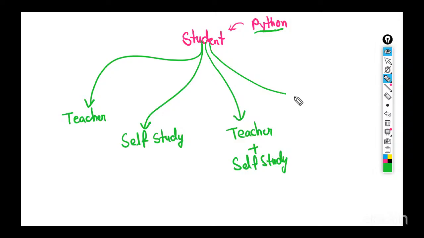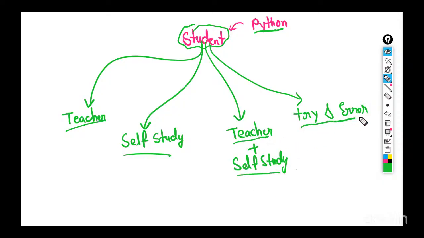Another way is trial and error; hit an error, try again. So these are the 4 different ways this student can learn. Again, I'm repeating: taking help of a teacher, doing self-study, taking the teacher as well as doing self-study, and trial and error.